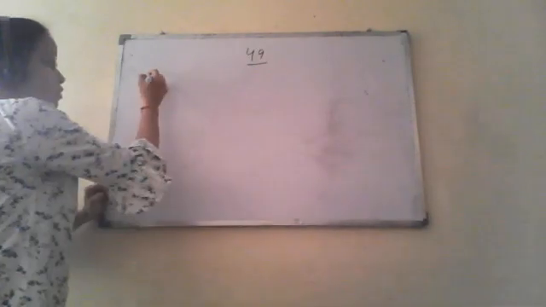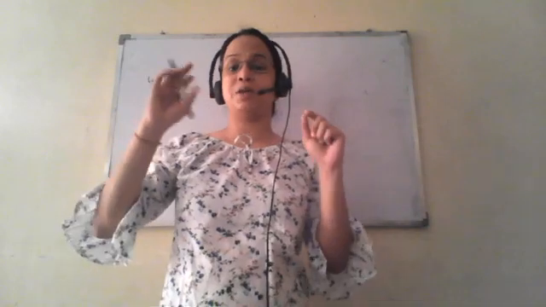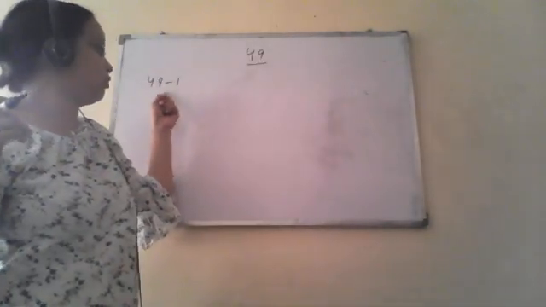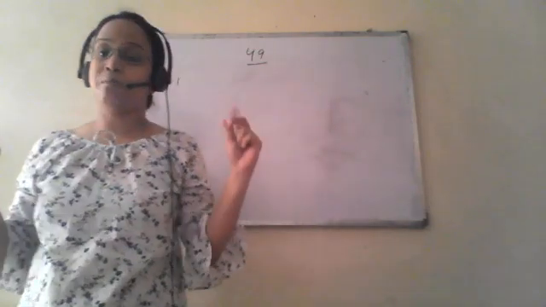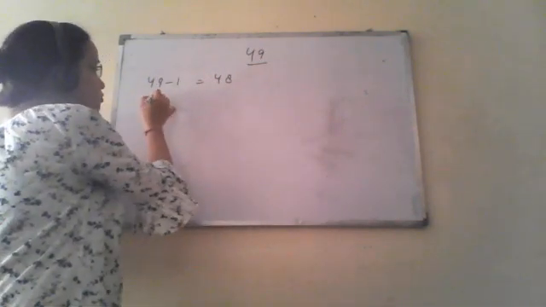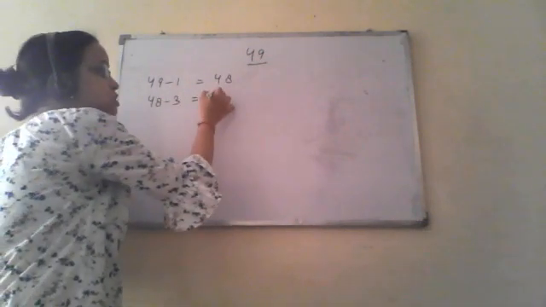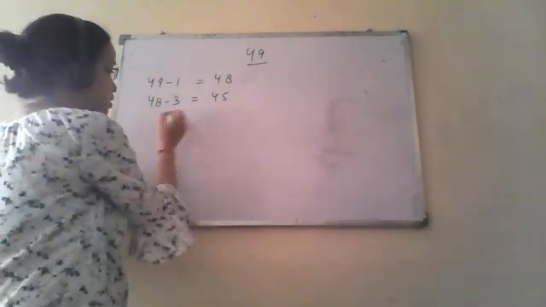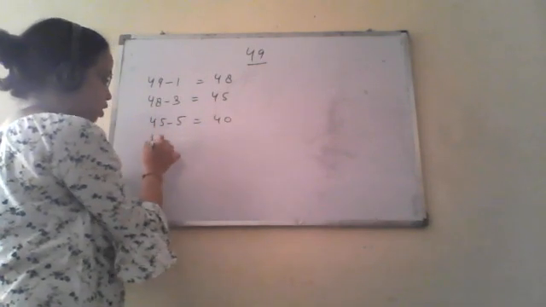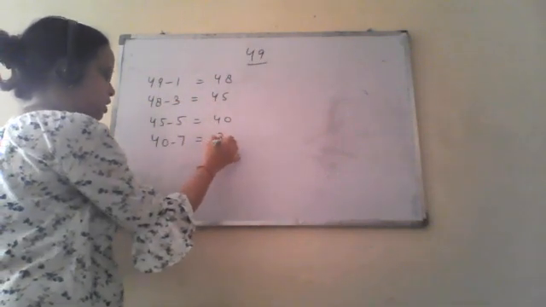So what do we do? First we subtract 1. Like in case we have added 1 plus 3 plus 5 plus 7 plus 9 plus 11, successively we have to subtract successive odd numbers from this. So this is 48. Now from 48 we will subtract 3. This is 45. From this 45 we have to subtract 5. This is 40. From this 40 we have to subtract 7, that is 33.